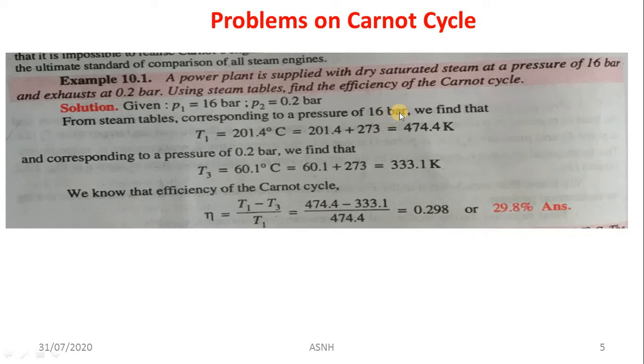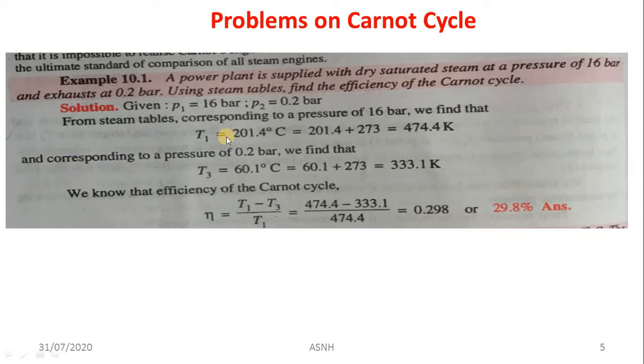Corresponding to 16 bar pressure, the temperature is around 201.4 degree centigrade. So T1 is 201.4 degree centigrade, and at the end we convert it into Kelvin by adding 273. So the value of T1 is 474.4 Kelvin.